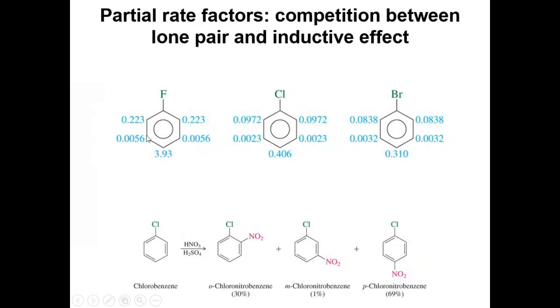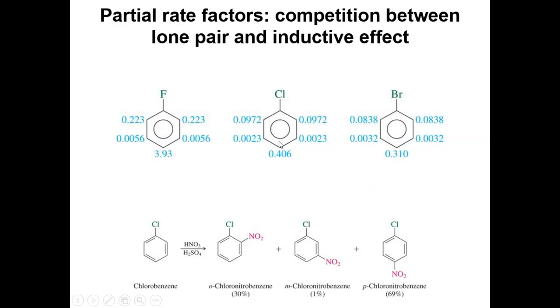Look at fluorobenzene: if you add together all the partial rate factors, it is 4 point something, and the parent benzene is about 6. So fluorobenzene's EAS reaction rate is similar to unsubstituted benzene. And chlorobenzene is less than 0.5, and bromobenzene is less than 0.4.